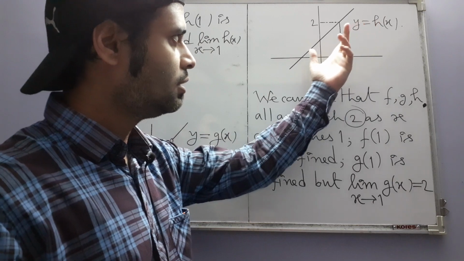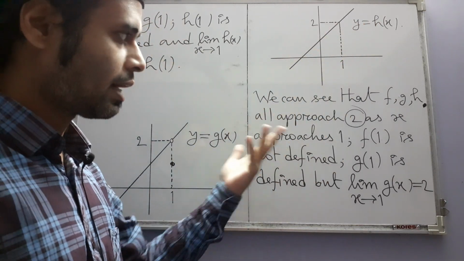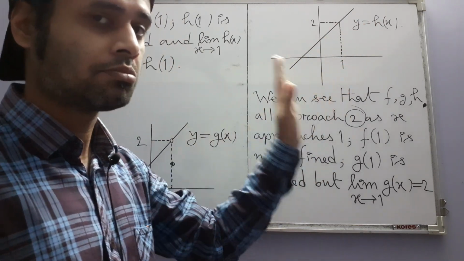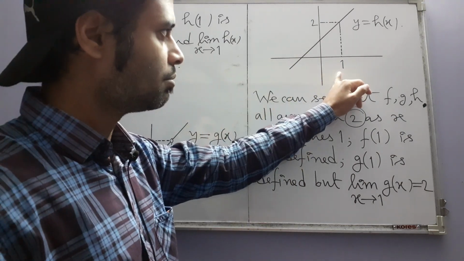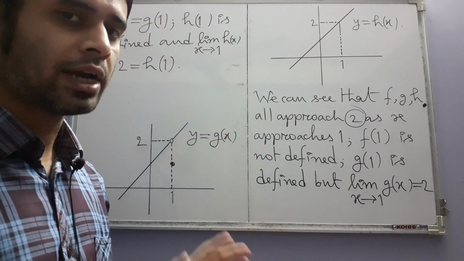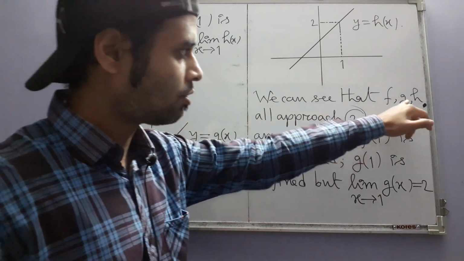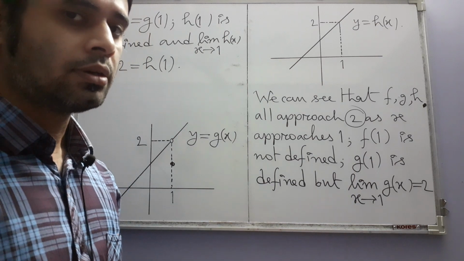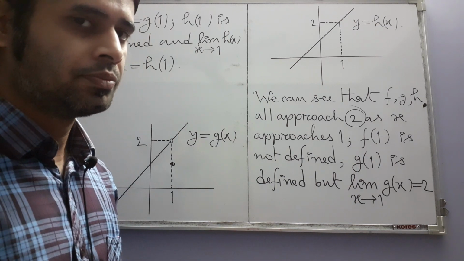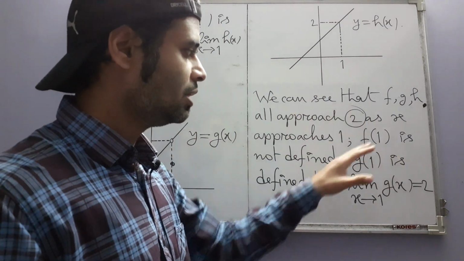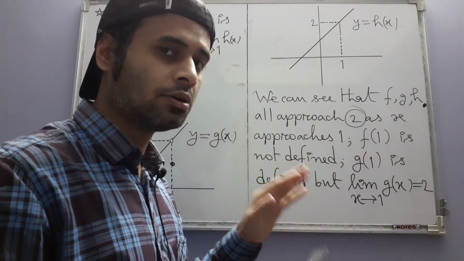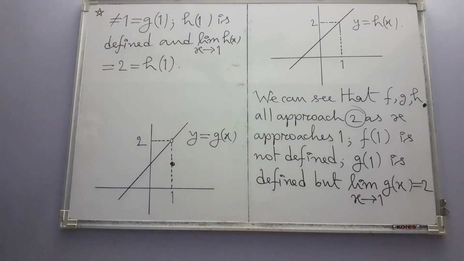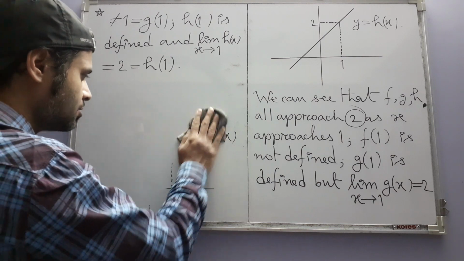In spite of these three examples having differences at the point 1, they behave exactly the same near 1. So that's why the limit of all of them is 2 as x approaches 1. x approaches 1 means we are concentrating on the values of x near 1, not at 1. Okay, so that difference has been shown here nicely by these functions.